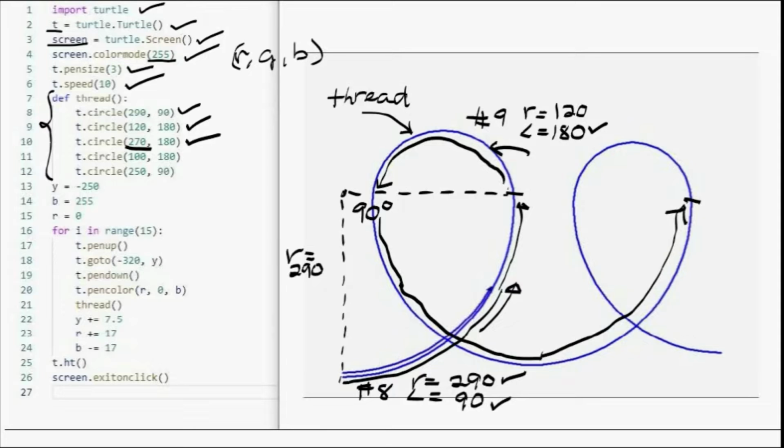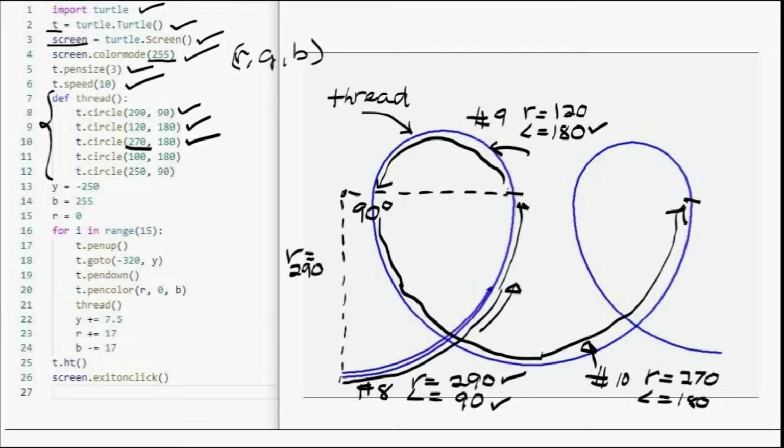In this case, this is from line number 10 anyway. The radius of the circle from which the arc is taken is 270, and then the angle is 180 degrees. Okay, this is again a semicircle.